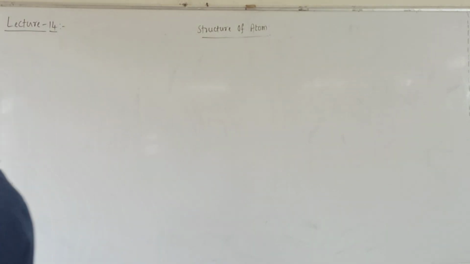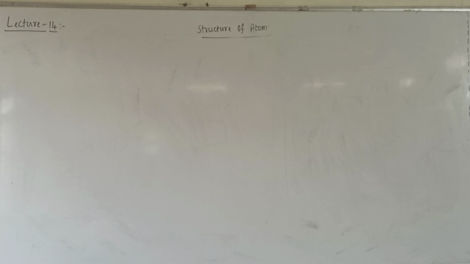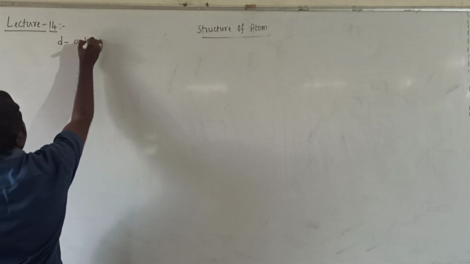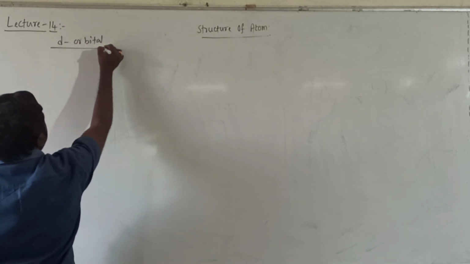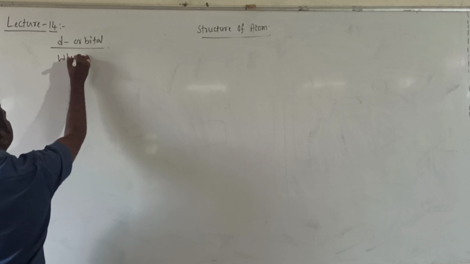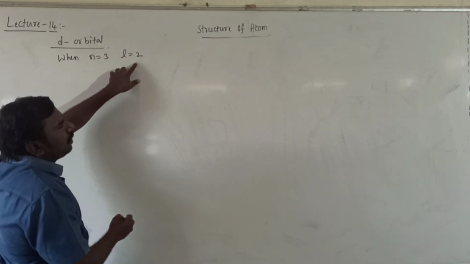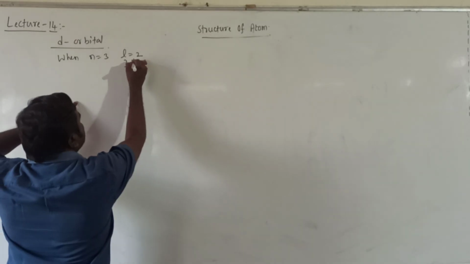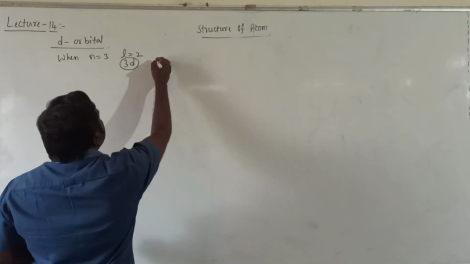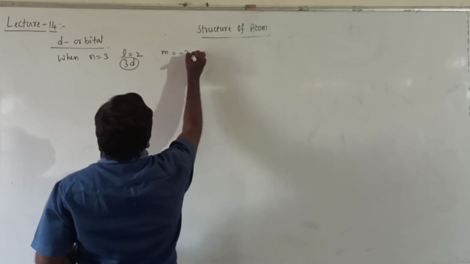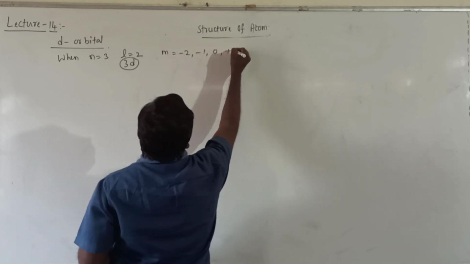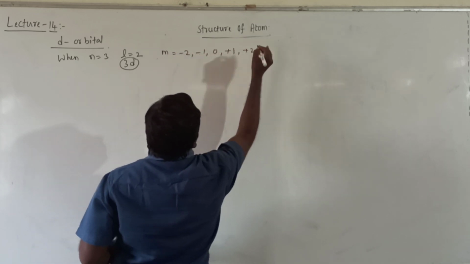Right? If you consider d orbitals, when n is equal to 3, L is equal to 2. L is equal to 2 means d. M values are -2, -1, 0, +1 and +2.